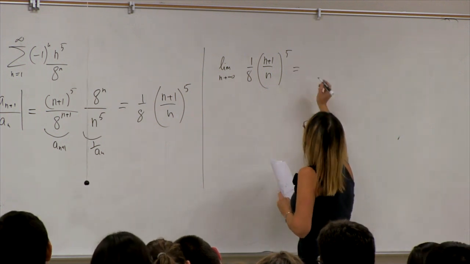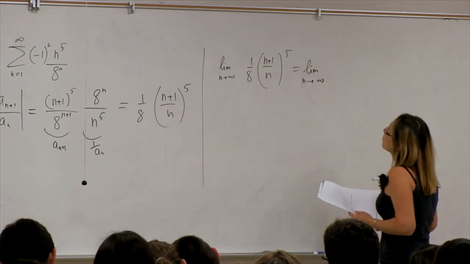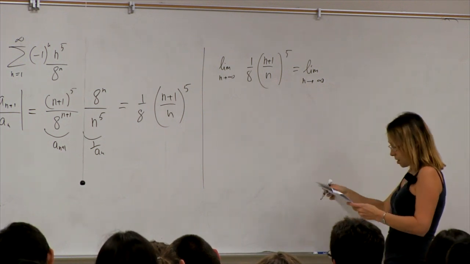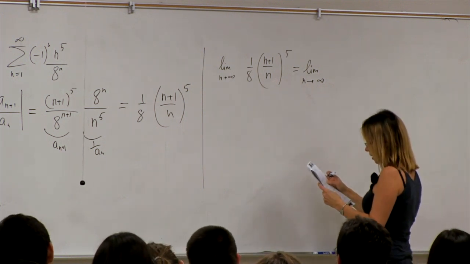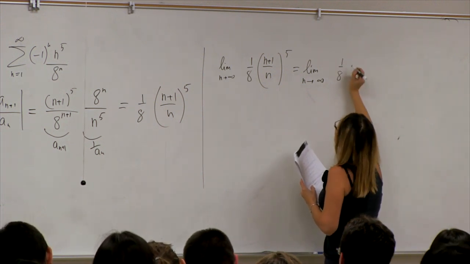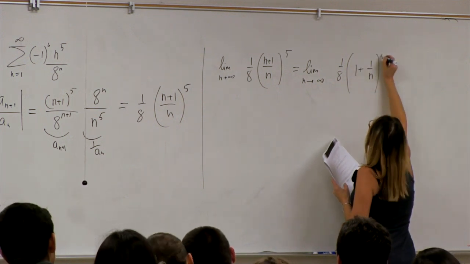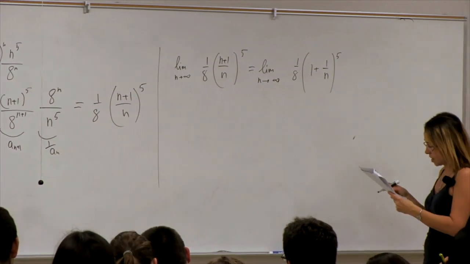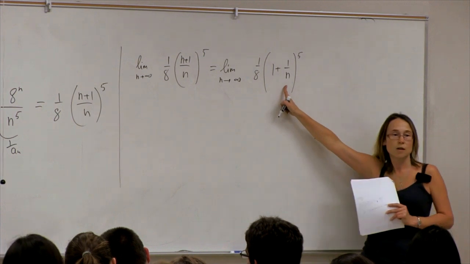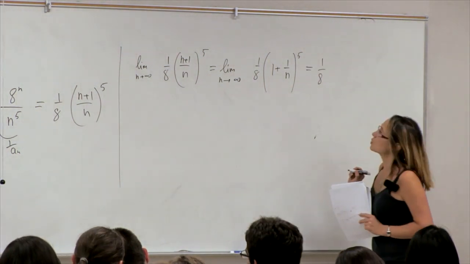How do I calculate such a limit? I'm going to multiply and divide the numerator by n to the 5. So I have 1 over 8 times (1 + 1/n) to the 5. As n goes to infinity, 1 over n tends to 0, and the limiting value is 1 over 8.